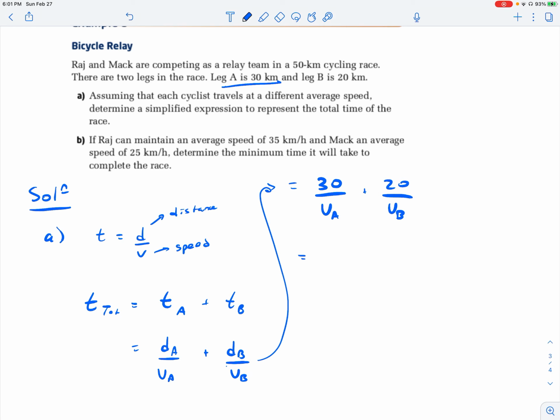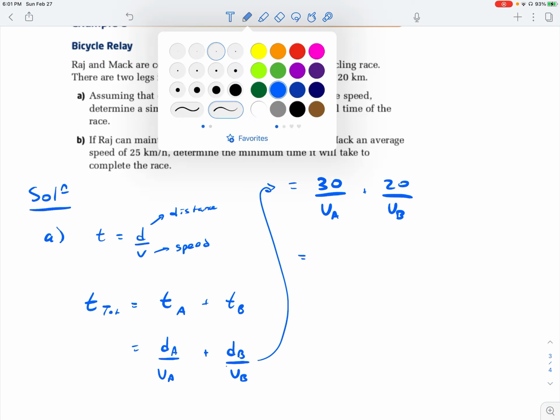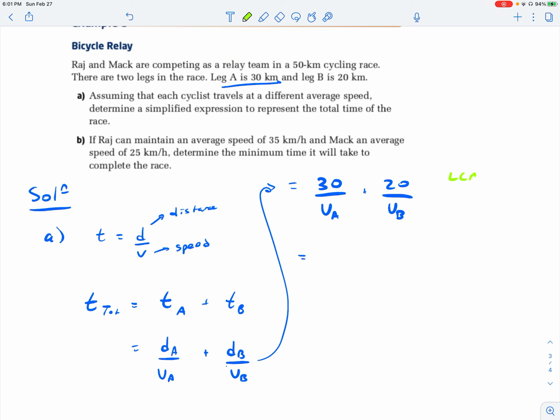My lowest common multiple is going to be VA times VB. The LCM is VA times VB. So we can see what we need to multiply here. I have to multiply this one by VB, denominator and numerator, and this one by VA.